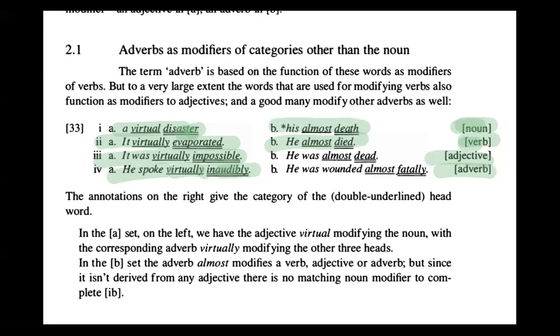Almost in the first sentence is incorrect because most adverbs cannot occur before the noun. They might occur before the verb, like he almost died, but it's impossible to occur before the noun. He was almost dead. Here dead is an adjective, we are describing him.